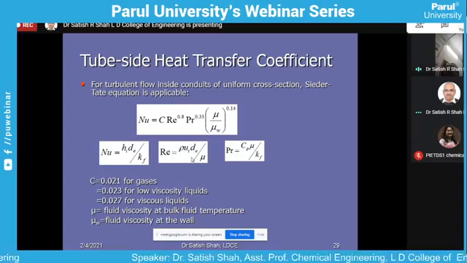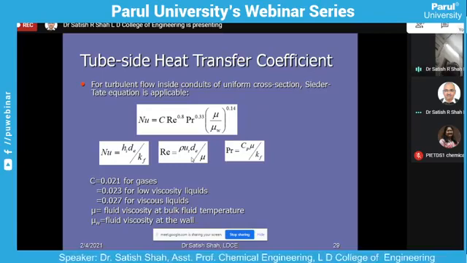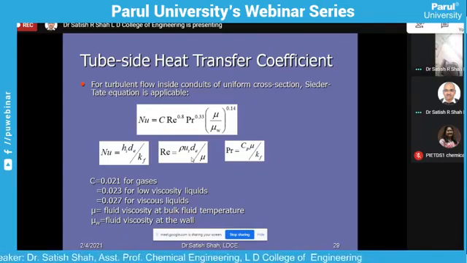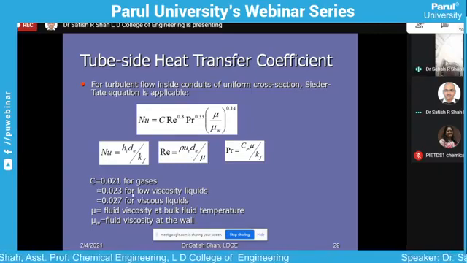Please remember, the Reynolds number should be dimensionless. So you cannot just substitute whatever values are given to you and accept whatever Reynolds number you get. That is not acceptable. You have to make sure that it becomes dimensionless.